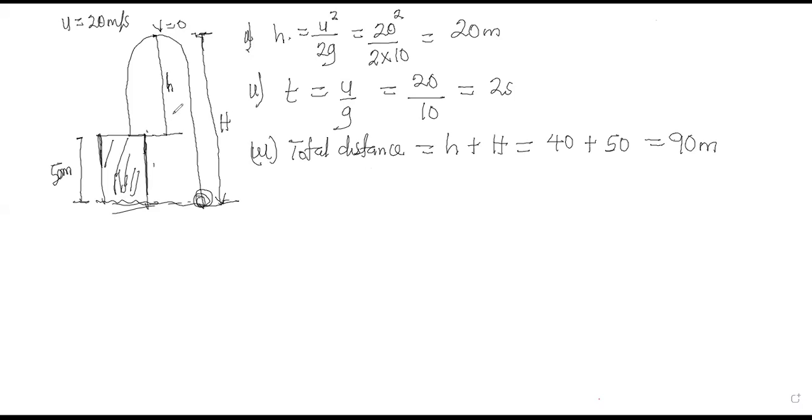Because 40 is when the body moves from where it is thrown to the maximum height, and from the maximum height to this point, that is 20 plus 20, plus the height of the tower, which is 50. So the total distance it will cover will be 90 meters.